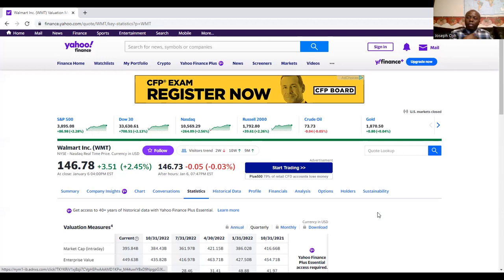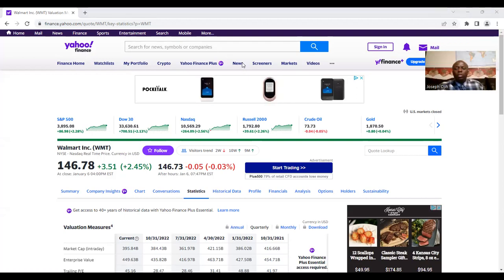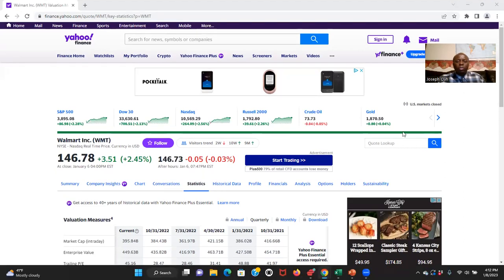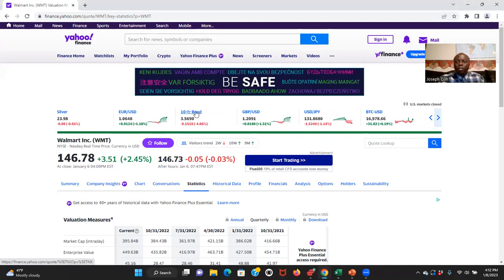But I usually rely on actually calculating it myself using the period of my choice. To do that, I'll just go to Yahoo Finance and choose the return on treasury bond, which is the 10-year bond.